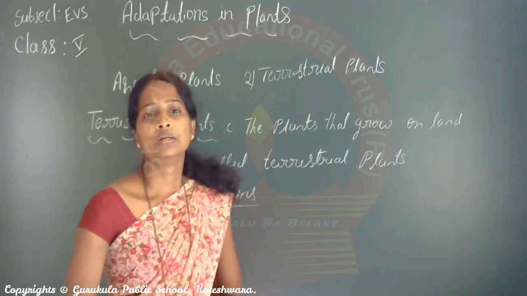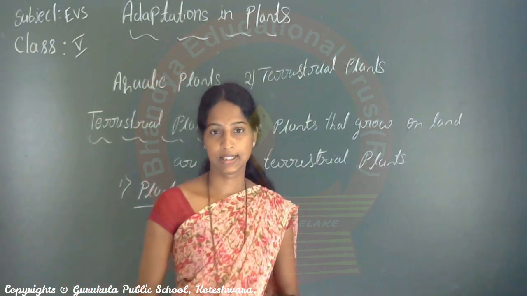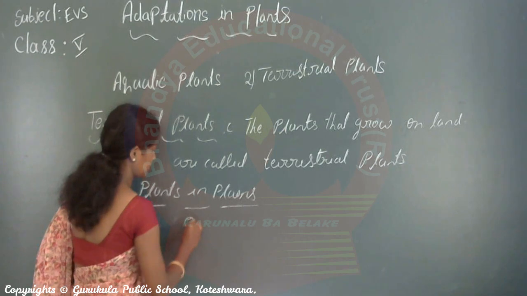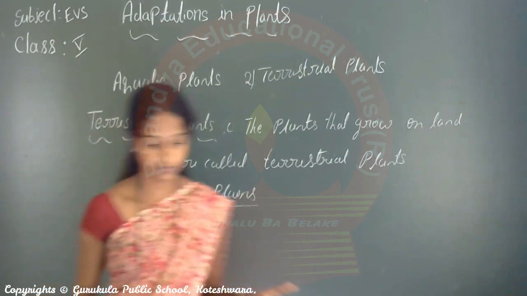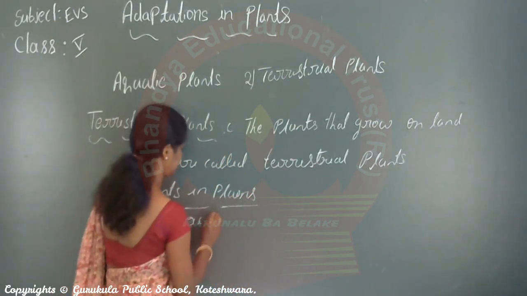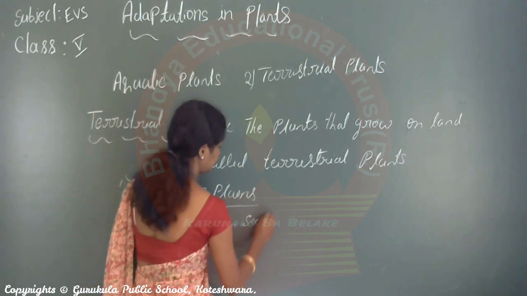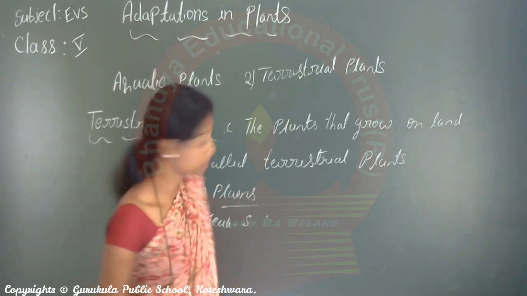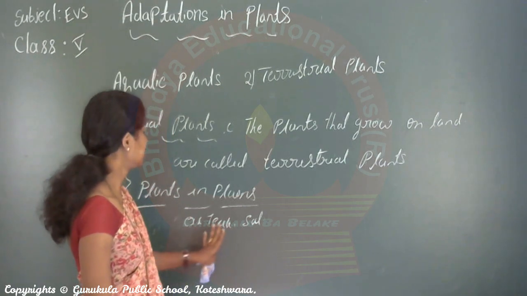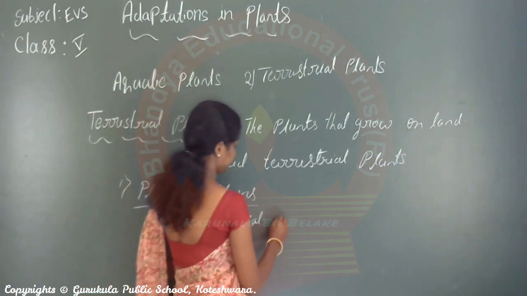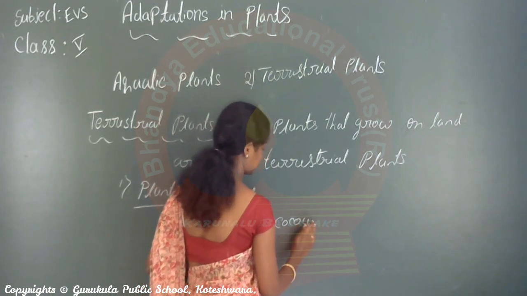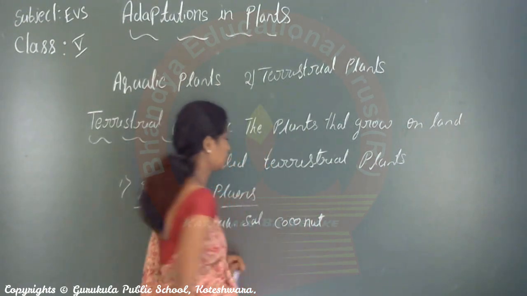In this area, we can find some trees. For example, teak, sal, and coconut tree.